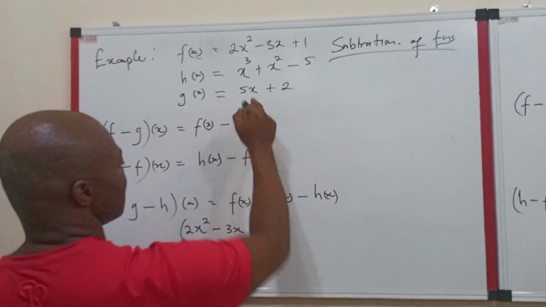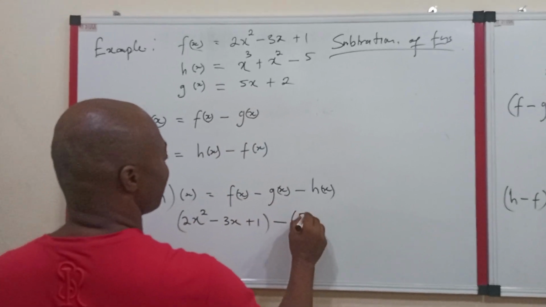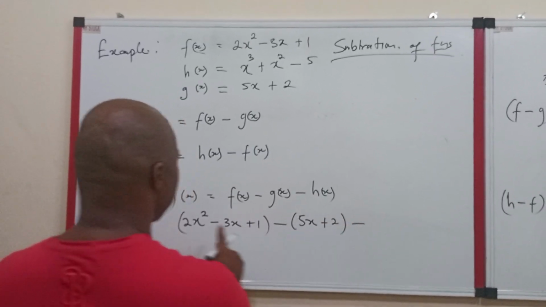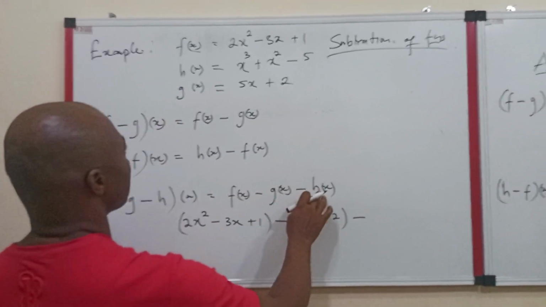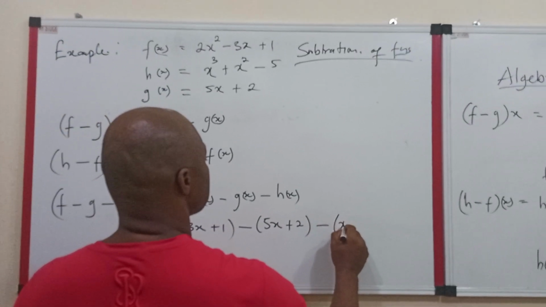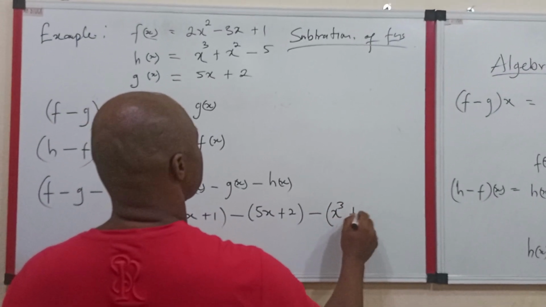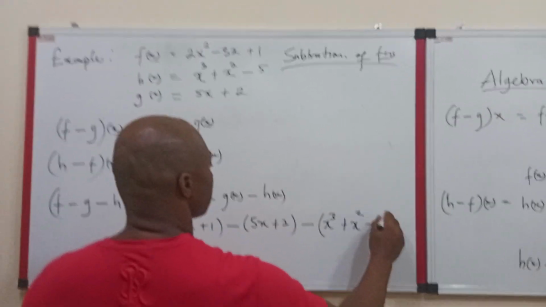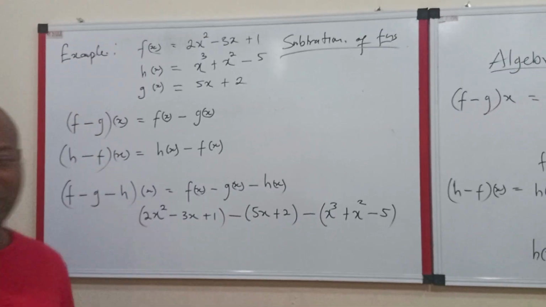G of x is this, and we have 5x plus 2, minus h of x, where h of x is x raised to the power 3 plus x raised to the power 2 minus 5. That's what we have.